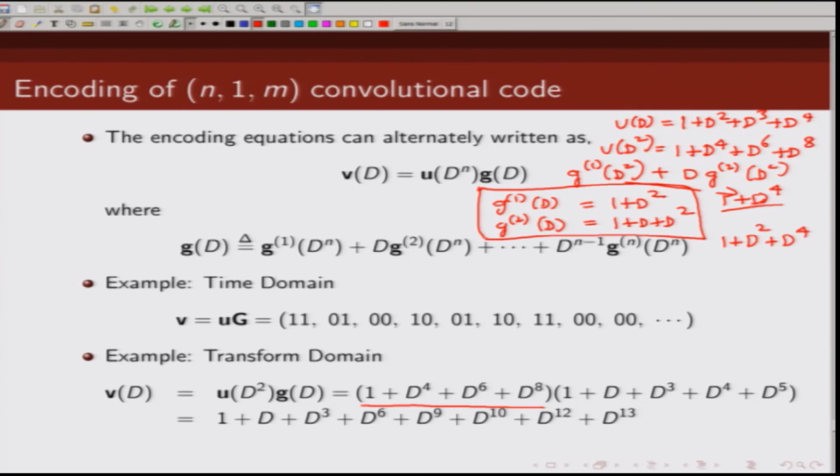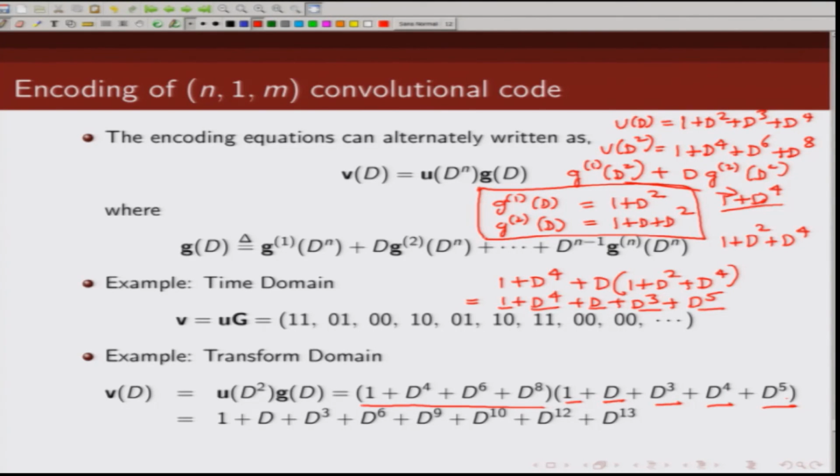Now, what is our overall g(d)? This is given by g1(d square) plus d times g2(d square). So, g1(d square) is 1 plus d4, plus d times this. So, this can be written as 1 plus d plus d cube plus d4 plus d5.